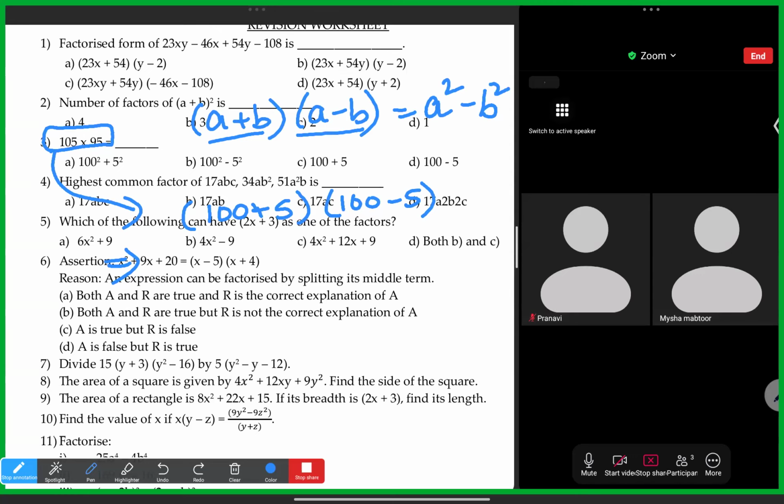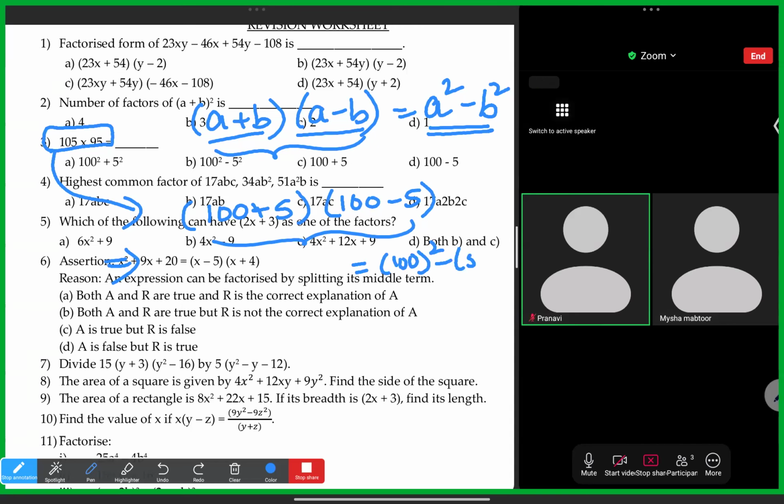If we compare this with that, A is 100, B is 5. So the answer will become A square minus B square, 100 square minus 5 square. Yes, Maisha, that is correct.